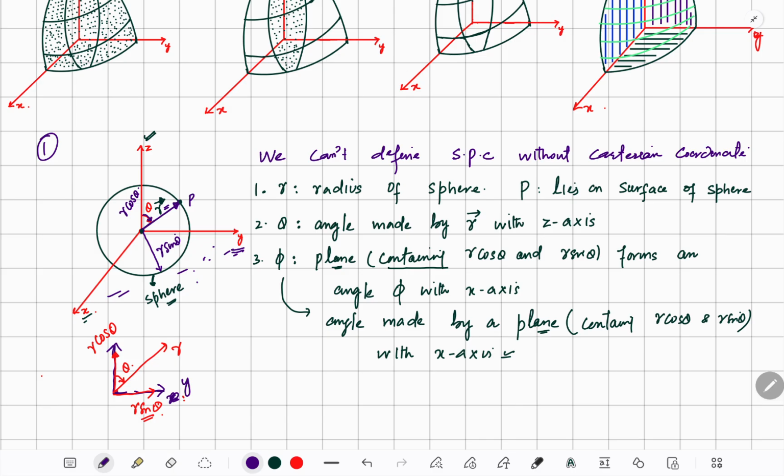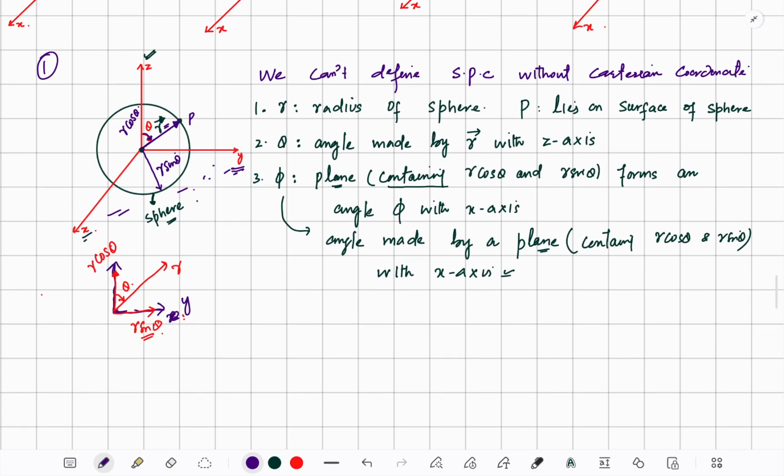You can resolve any vector in any two perpendicular axes. Any vector, you have some vector here, this is one axis, this is another axis, perpendicular to each other, and we can resolve this vector in these two axes.